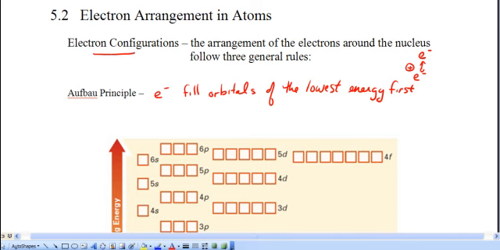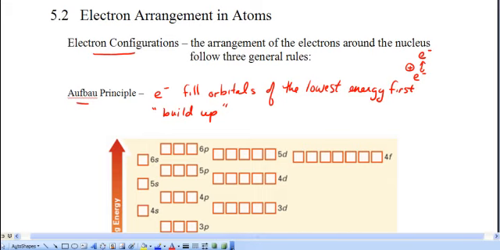Of course, the lower the energy they are, the closer to the nucleus they are. That makes sense because they are attracted to the nucleus, so they're going to go as close to the nucleus as possible. So they start in the lowest energy level first, and then they build outward. In fact, that's what Aufbau means. It is German for build out or to build up.